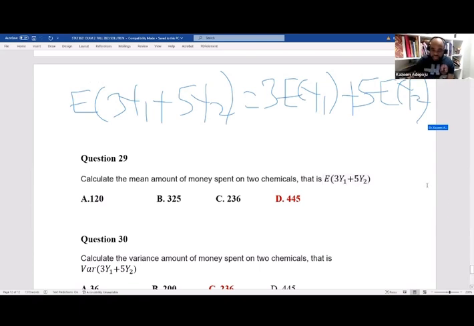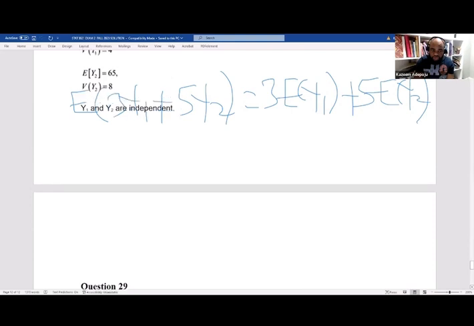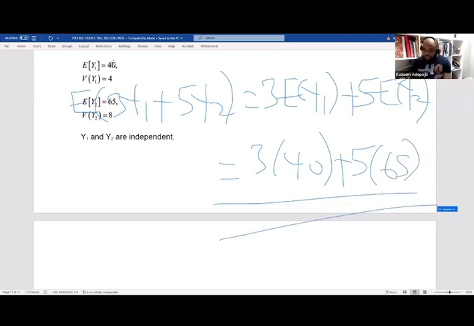And in this question, they've already given you the expectation of y1 to be 40. So here I'm just going to say 3 into 40 plus 5 into, what is the expectation of y2? 65. Okay, I'm just going to compute that. Watch out for linear combination as well.